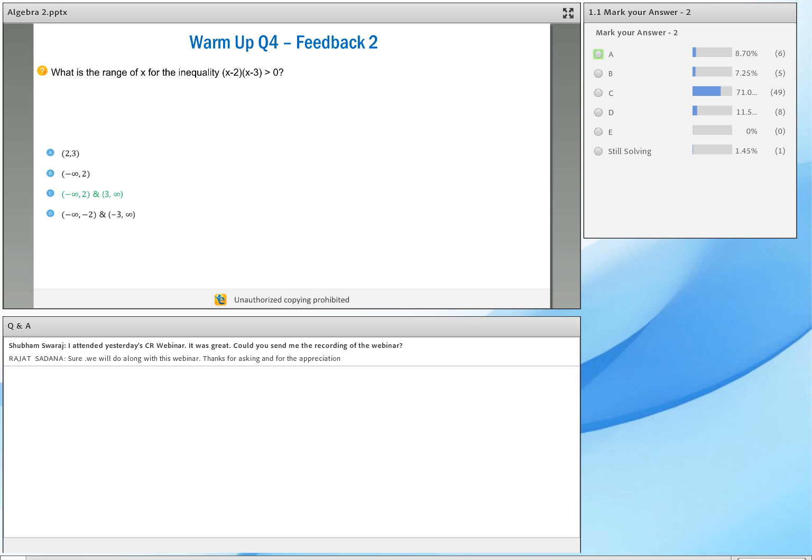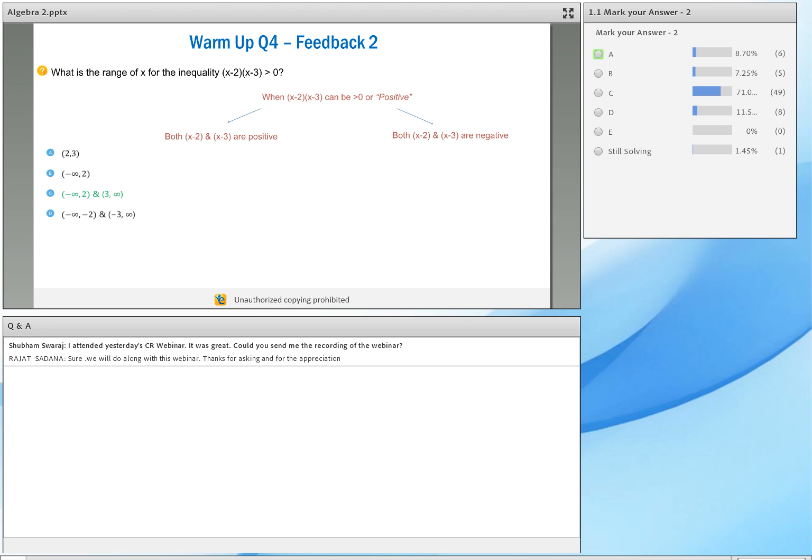So it's a product of two numbers, and we really are asking when this is positive, or greater than 0. There are two conditions under which a product of two numbers can be positive: A, when both the numbers are greater than 0, or B, when both the numbers are less than 0.